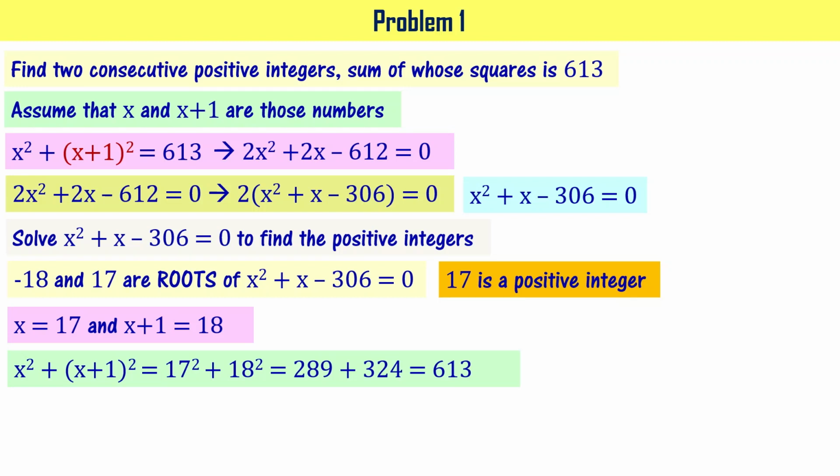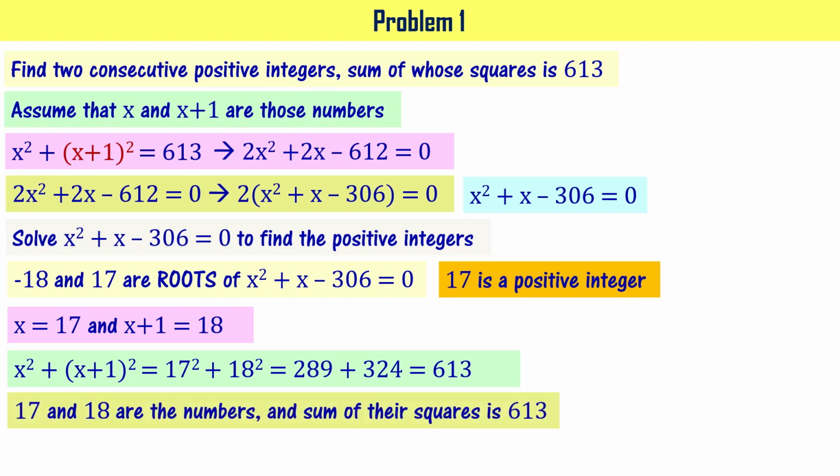When you simplify it, you get the answer 613. That is exactly meeting our requirement, right? Hence, we can say that 17 and 18 are the consecutive positive integers, and the sum of their squares is 613. Please take a note of this.